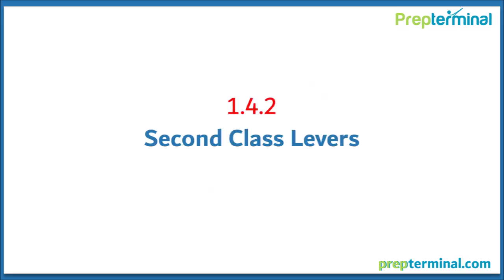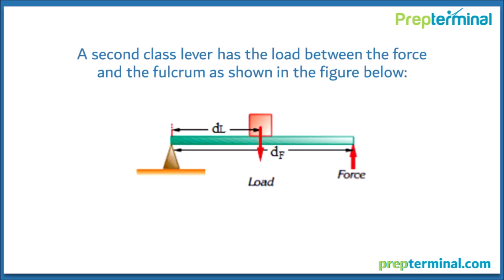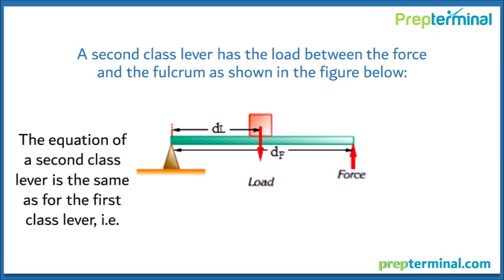1.4.2 Second-class levers. A second-class lever has the load between the force and the fulcrum, as shown in the figure. The equation of a second-class lever is the same as for the first-class lever, i.e., L times dL equals F times dF.